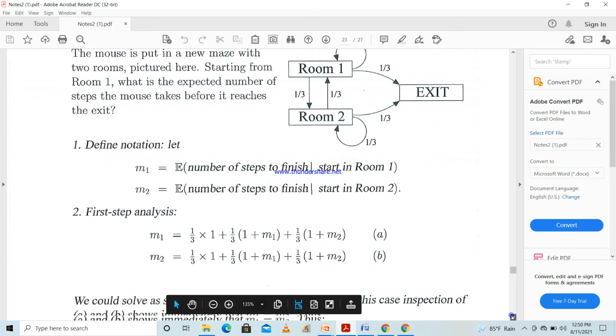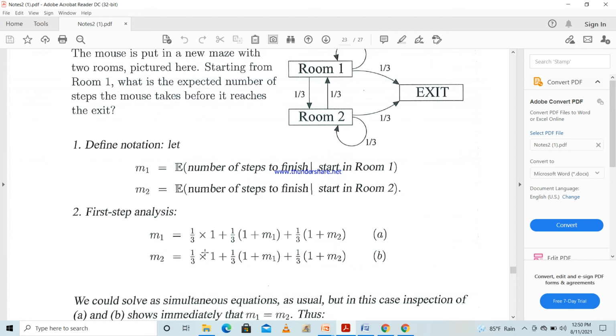And likewise, if you look at M2, now we are in room 2. If you use this path, the probability is 1/3 and you have to use only one step, you can exit. Plus, if you use this path, the probability is 1/3, you will come to room number 1, that is 1 plus M1.